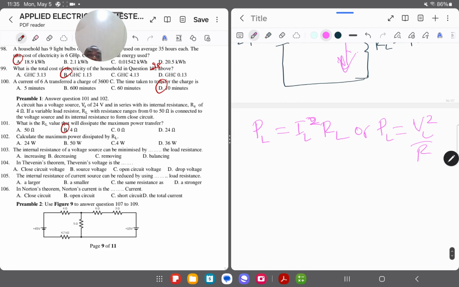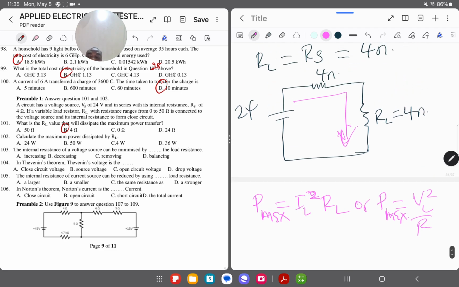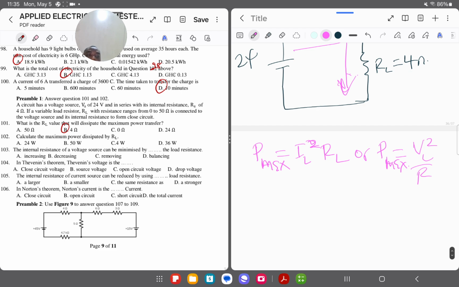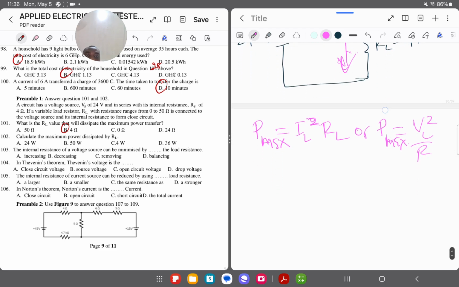So any of these, and this will be the maximum power, okay? Maximum power, because we selected the load resistance to be the same as the internal resistance. So any of these formulas will work. Okay? So let's use the first one in this case.